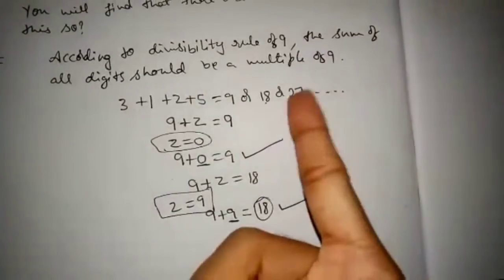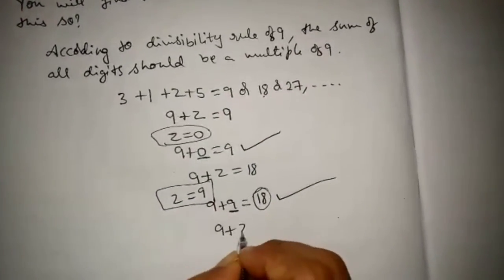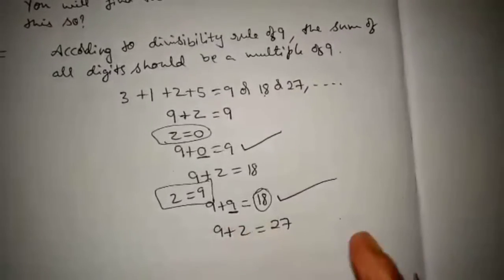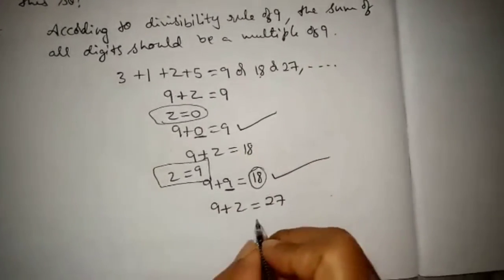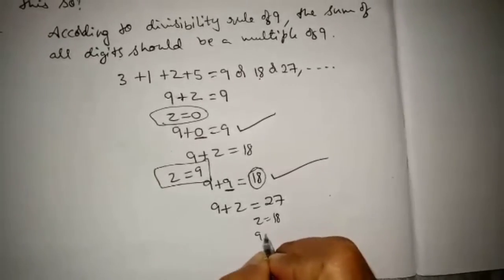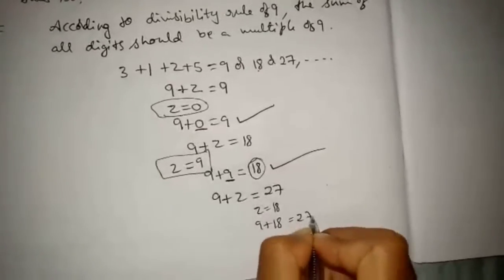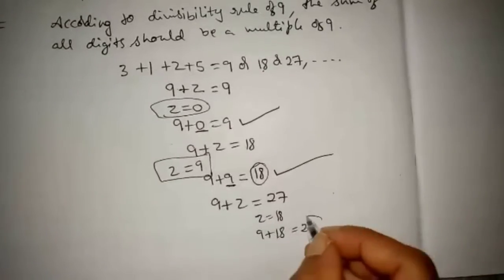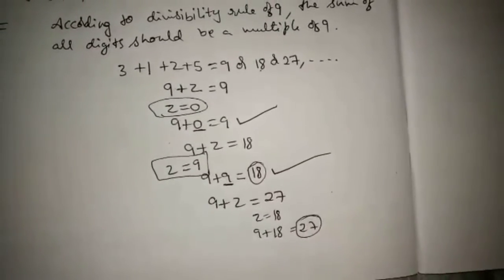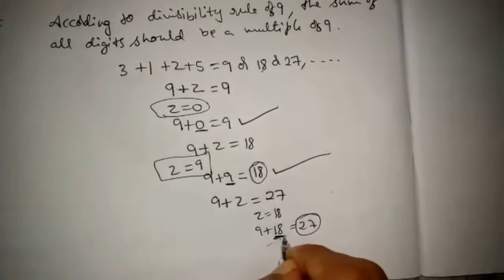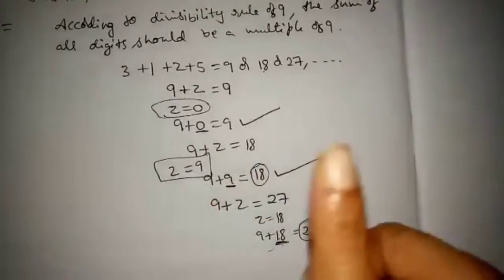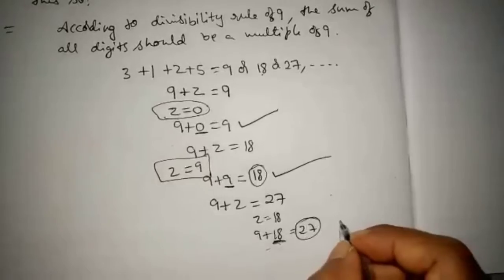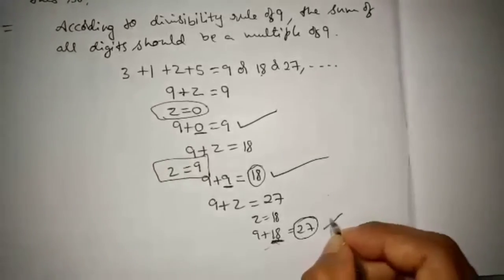Next, see for 27. So 9 plus z equals 27. When can you get a sum as 27? If we take z equals 18, right? 9 plus 18 you will get 27. The sum is a multiple of 9. But what about this? This is a two-digit number. A variable cannot take a two-digit number. It should be only a single-digit number. So we cannot take this.